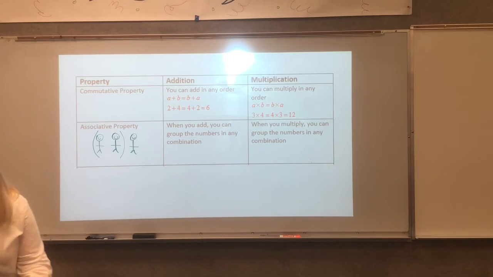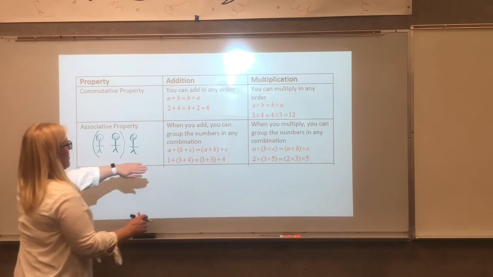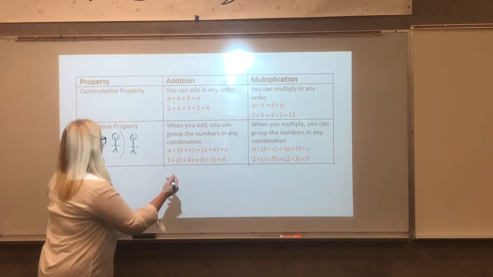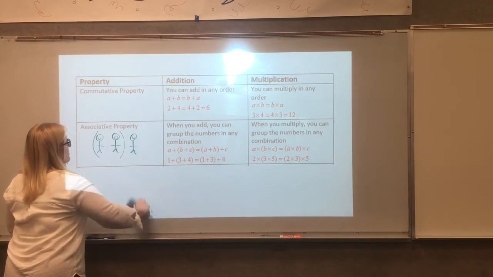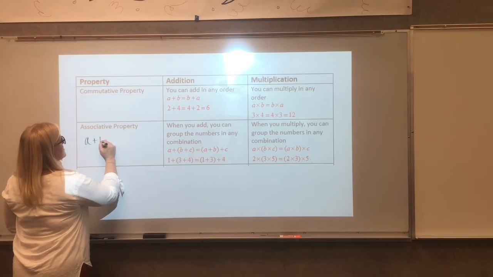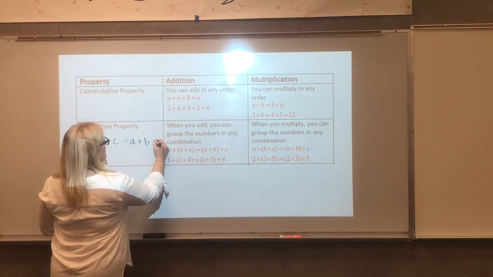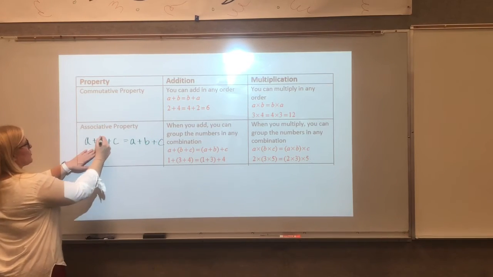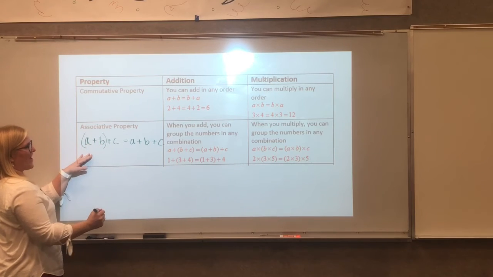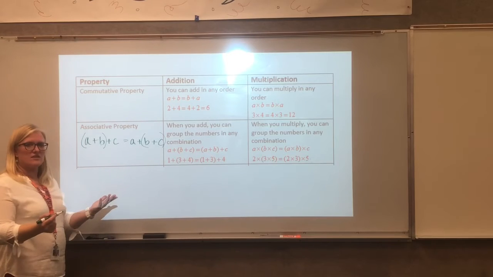Okay, so what they have here, I don't know if you can see it. I hope you can. I'll rewrite it right here. So if I have A plus B plus C, and it equals A plus B plus C, with different grouping. In this first group, I can hang out with that friend, and in this group, I can hang out with the other friend.